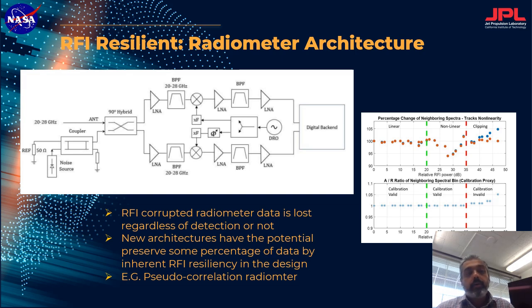So what have folks across the country, actually across the world, been trying to do? We're trying to build architectures that can not necessarily completely live with RFI. If a signal's corrupted with radio frequency interference, it's corrupted.